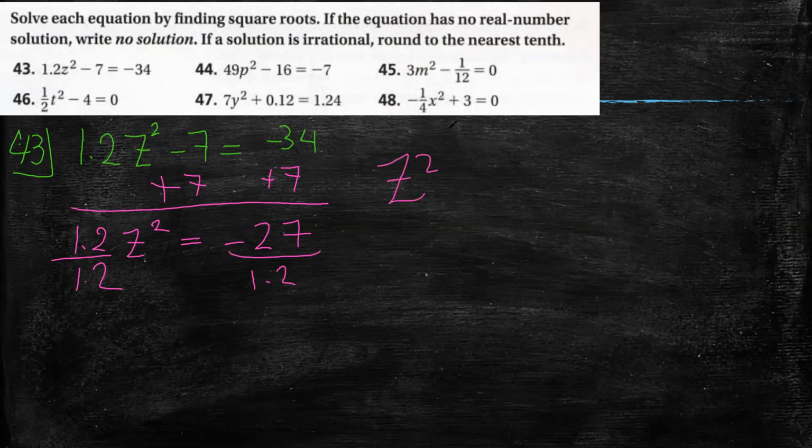So z squared now is negative 27 over 1.2.